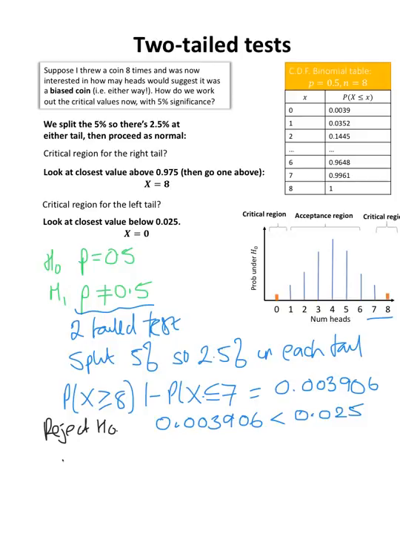Now, I ought to really go and check the probability that x is greater than or equal to 7, which is 1 minus the probability that x is less than or equal to 6.